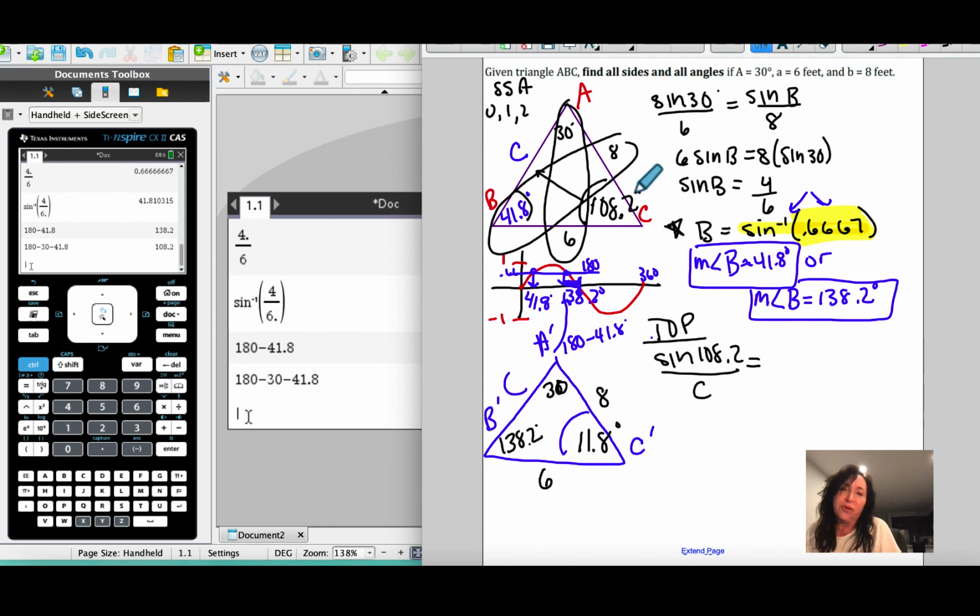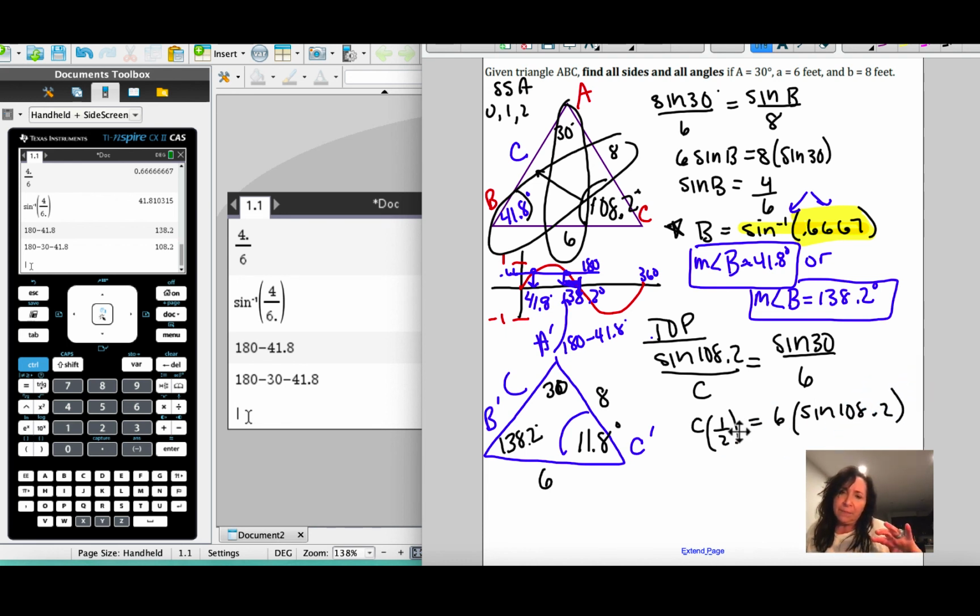And of course I'm going to use those two because those are easier. So sine of 30 over 6. So I'm going to cross multiply, right? c times sine of 30, which is a half. So c times a half equals 6 times sine of 108.2.